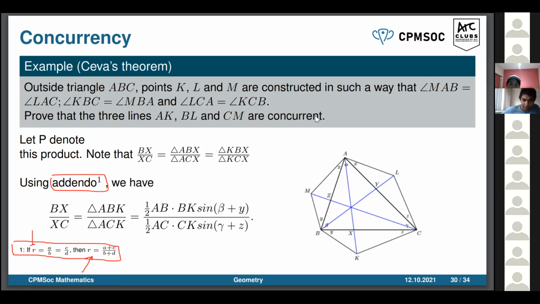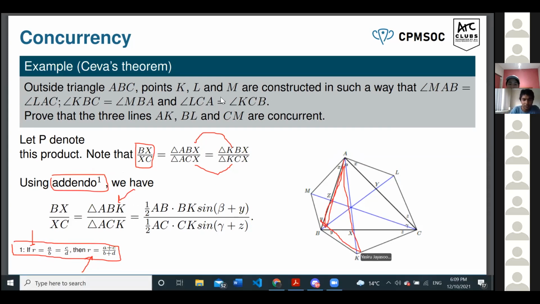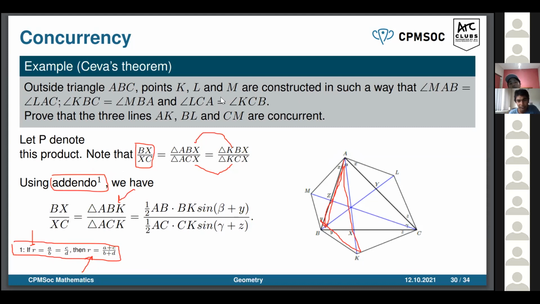So here they use addendo. BX over XC is equal to this plus this divided by this plus this. If we add the areas of ABX and KBX, we get the larger triangle ABK, and the denominator becomes the area of ACK.